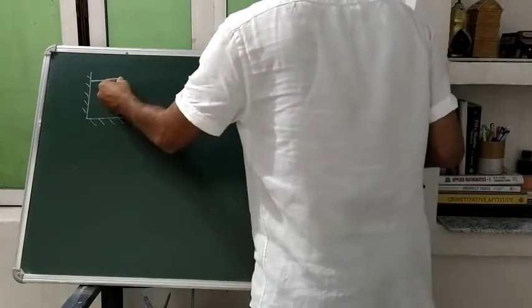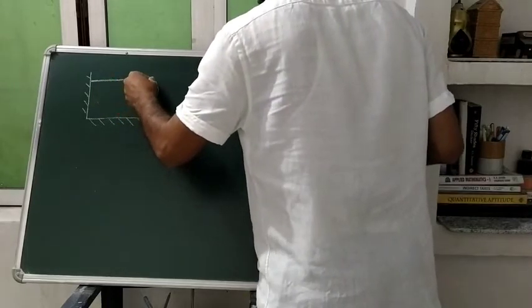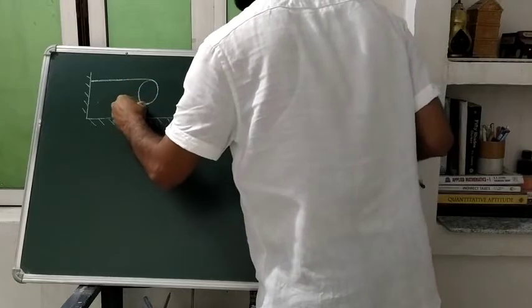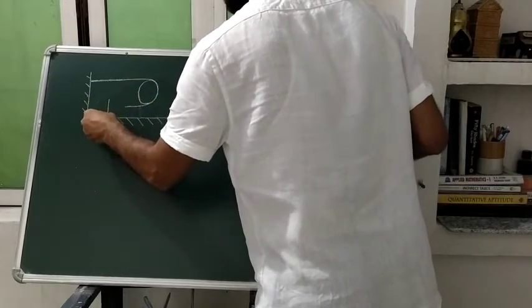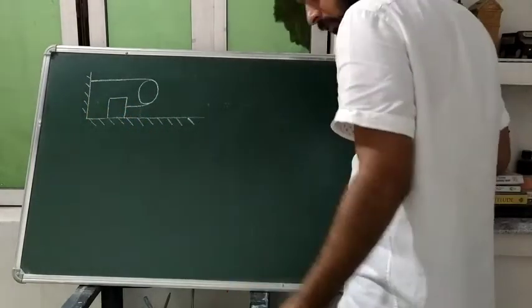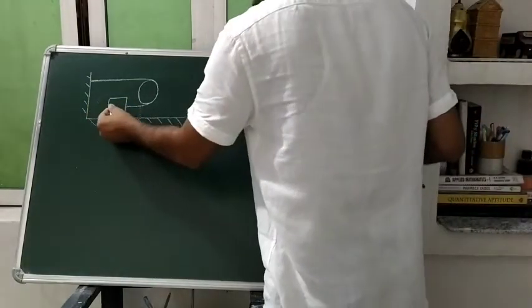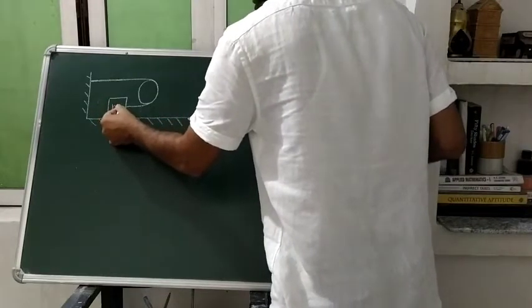The string is going over a pulley, and the other end of this string is connected with a mass which is resting on this surface, and this block has the mass m1.